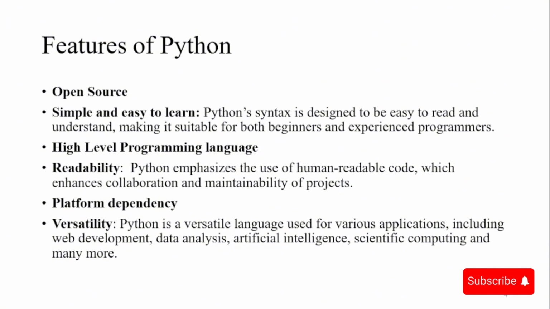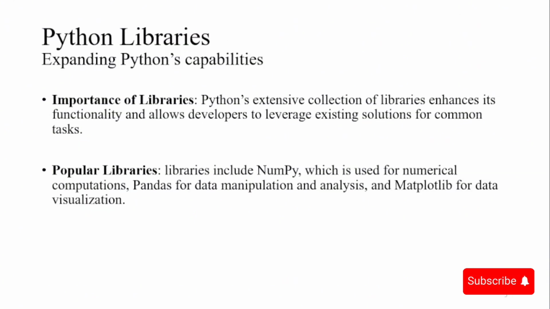We talked about machine learning and game development. So that is some of the areas where we can apply it, and why we refer to this language as versatile. That is some of the key features or characteristics of the Python programming language. I hope that is clear. I paused so that we can digest it.